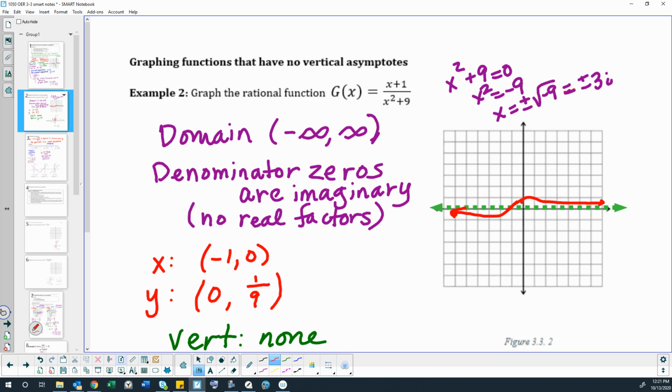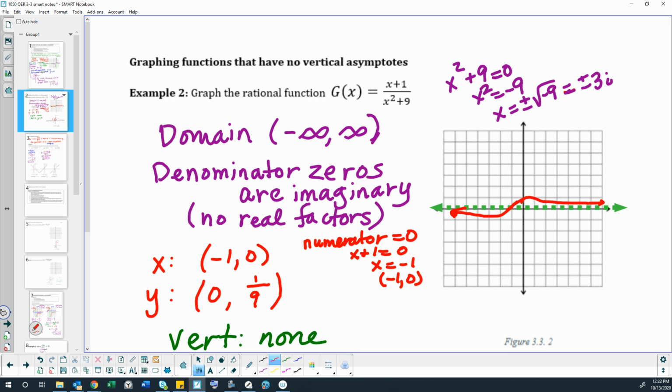Okay, so then our x-intercept is found simply by taking our numerator equal to 0, remember? So numerator equals 0, so x plus 1 equals 0, so x equals negative 1. So that gives us our x-intercept at (negative 1, 0), which is what I have written right here.